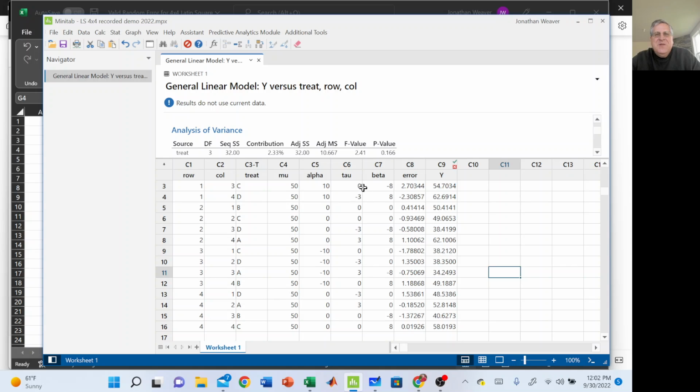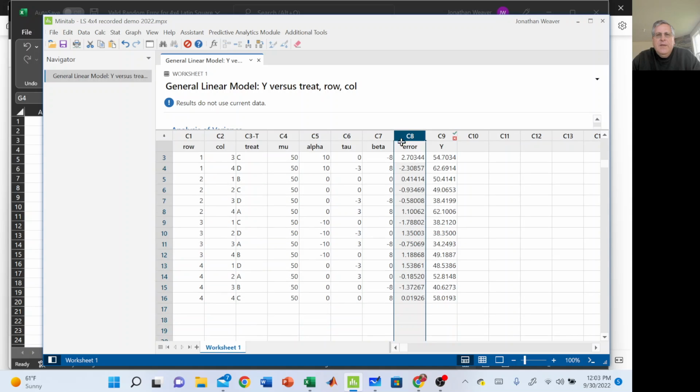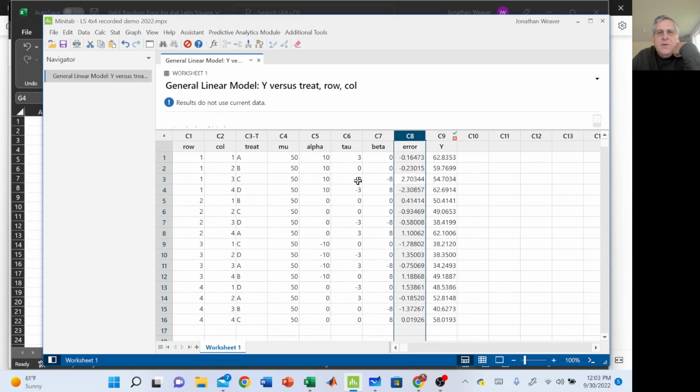Let me see if I have it right now. Let's make sure I have it right, because I think I fat-fingered something typing that. All right, so every place I have an A, I should have a 3. 3 is A, 3 is A, 3 is A. Good. Every place I have a B or a C, I should have 0. B is 0, C is 0, C is 0, B is 0, B and C are 0. Every place I have a D, I should have a negative 3.